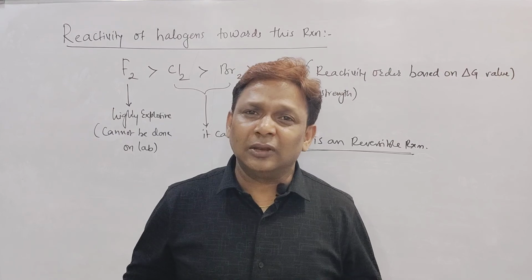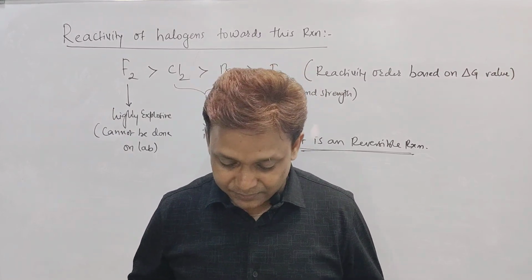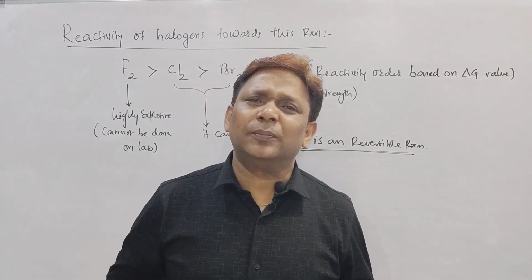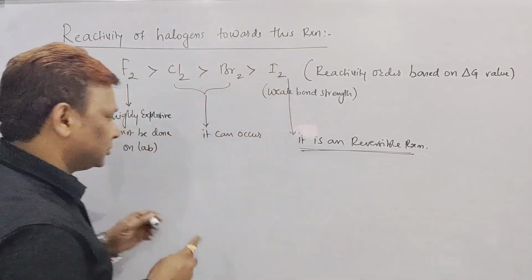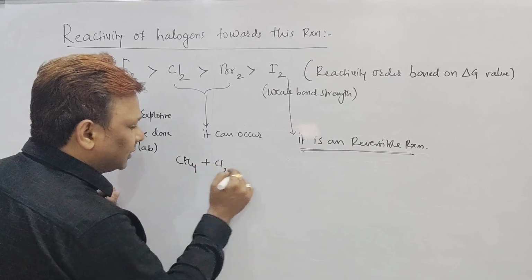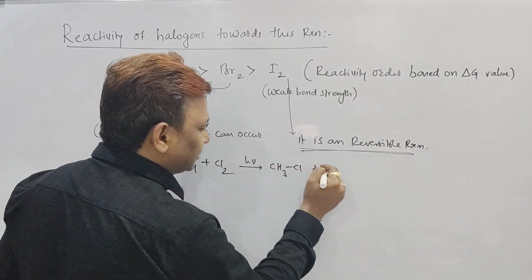But what we did till now, we did the chlorination of methane. In the same way, we can do the bromination of methane. Whatever reaction we wrote, beta, just now you saw, it is methane, and we added chlorine over it. In presence of sunlight, we got CH3Cl plus HCl.